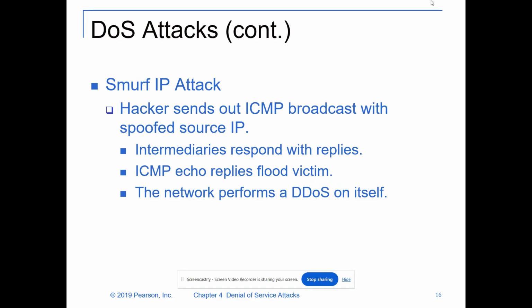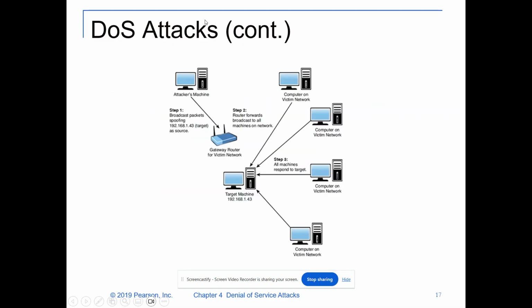The ICMP echo replies flood the victim because of that spoofed source IP. And ultimately, the network can perform a denial of service on itself. And here we see that in graphic mode.